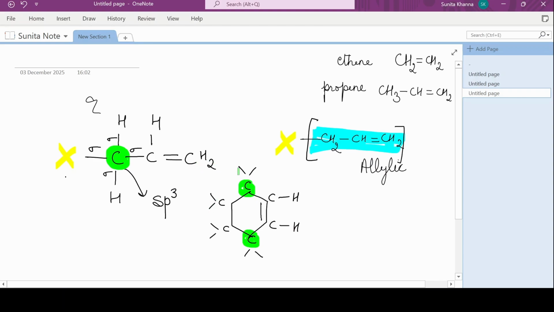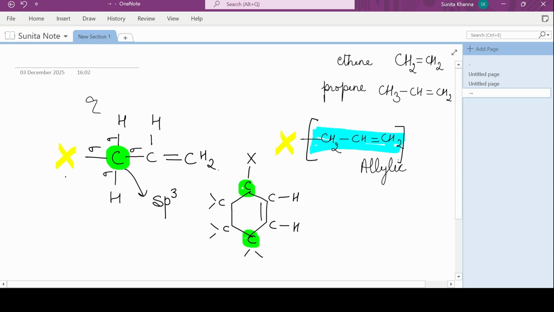And if the halogen is attached to the allylic carbon atom, this is an allylic halide. Remember, the allylic carbon is the carbon atom just next to the doubly bonded carbon atom.